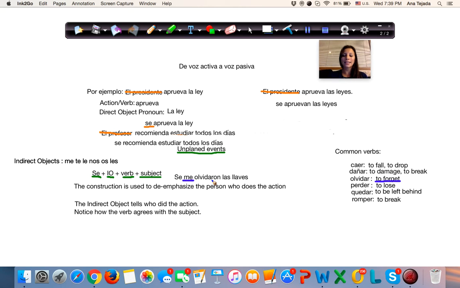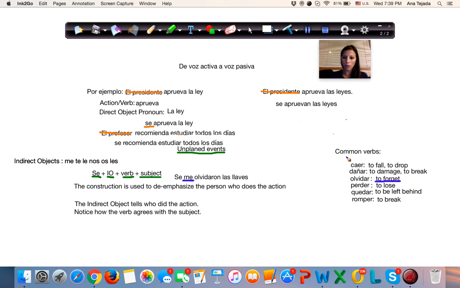Muy bien, las llaves, the keys. So, las llaves, plural. Olvidaron, plural. Se me olvidaron las llaves. So again, this construction is used to talk about unplanned events, unforeseen situations.